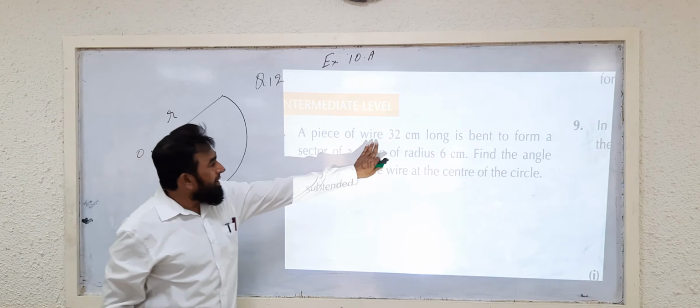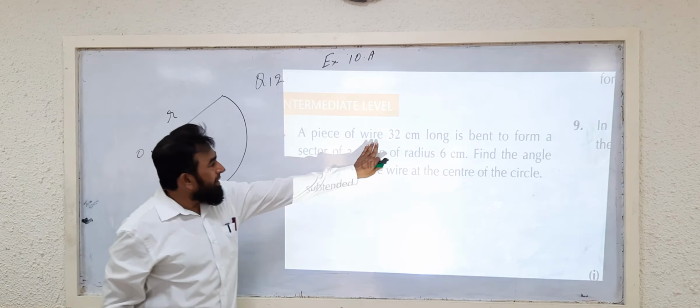Out of 32, this radius is given 6, this is 6. So the arc length, if AB is the arc length, then arc AB is equal to 32 minus 12, which is 20 centimeter. Why did I subtract 12? Because 2 times the radii is subtracted. Clear?